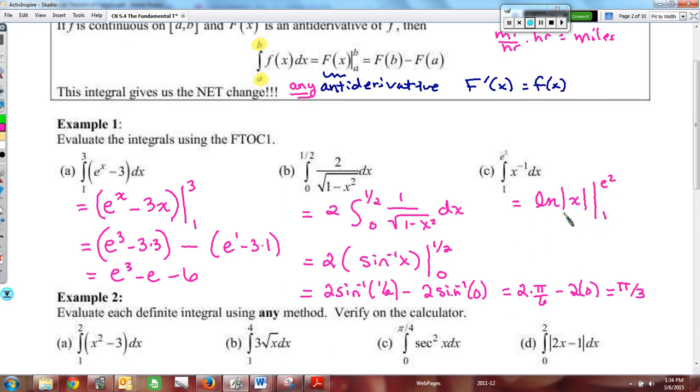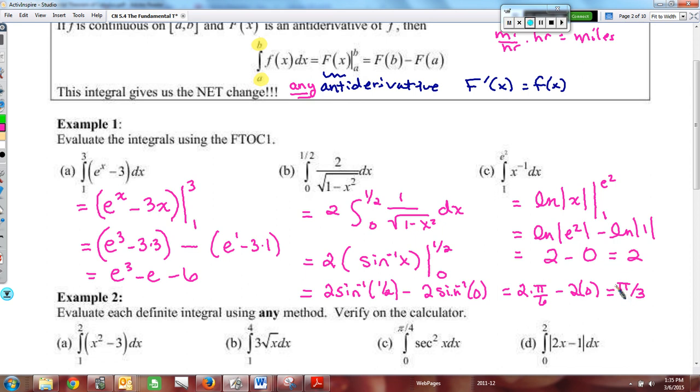So I show that I know that I'm doing net change by showing the bounds, and then we calculate it. Natural log absolute value of e squared minus natural log absolute value of 1. Absolute value of e squared is e squared. The natural log of e squared is 2. And the natural log of 1 is when you would have had e to the 0, so that's minus 0, and we get a final answer of 2.